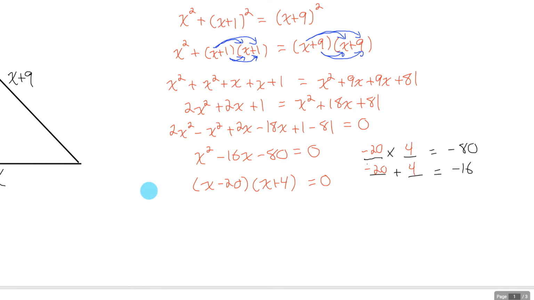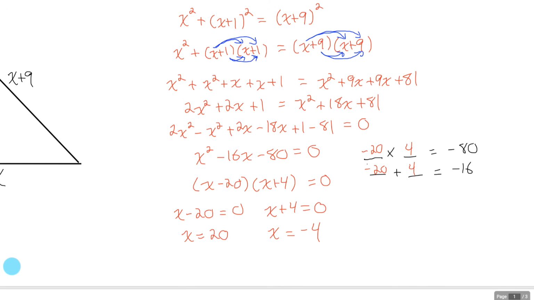And once we have a product of factors equal to 0, we can use the zero product rule that tells me if that equation is going to be equal to 0, one of the factors has to be equal to 0. So set each factor to 0 and solve for which value of x makes either of those factors be 0. The first factor would be 0 if x was 20. The second factor would be 0 if x was negative 4.